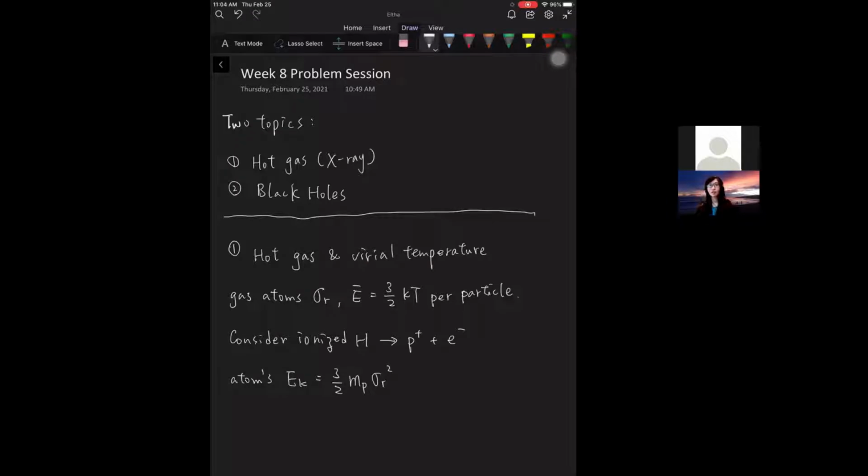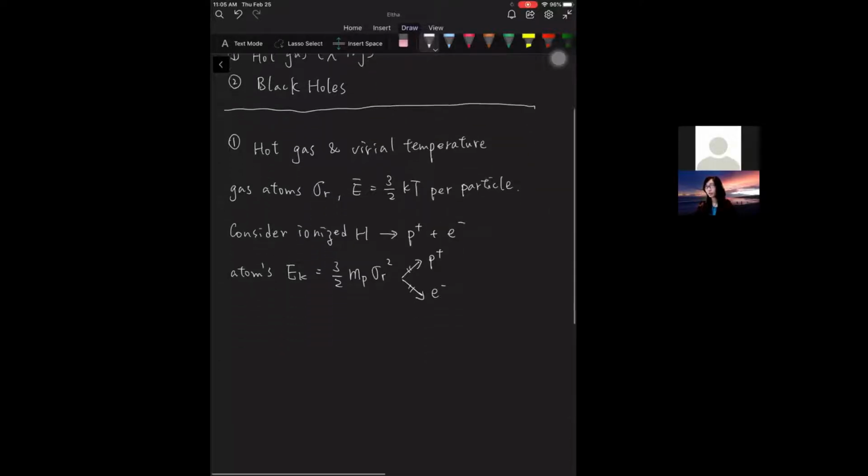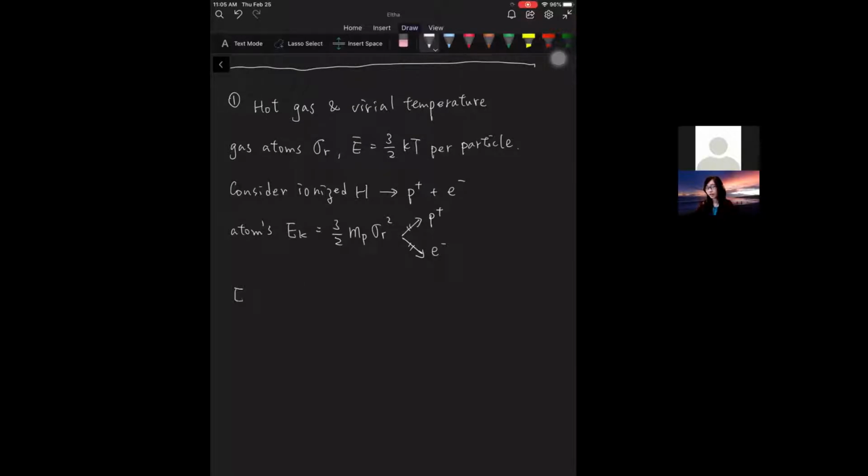It should be the mass of proton and electron, but the proton mass is dominant. Let's say this kinetic energy is equally distributed to proton and electrons. Then the kinetic energy for the proton is 3/4 proton mass times sigma r squared.